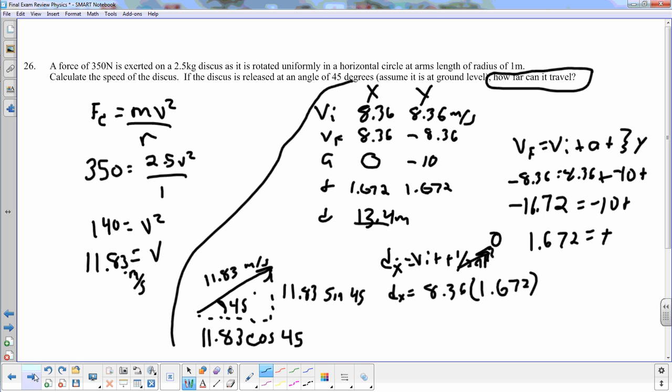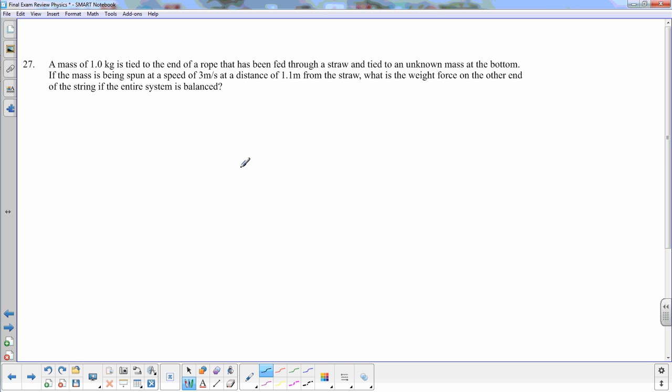Okay. So we know FC, which in this case is actually supplied by this guy, equals mv squared over r. So FC equals, the mass is 1 kilogram, v squared, 3 meters per second squared, over 1.1.